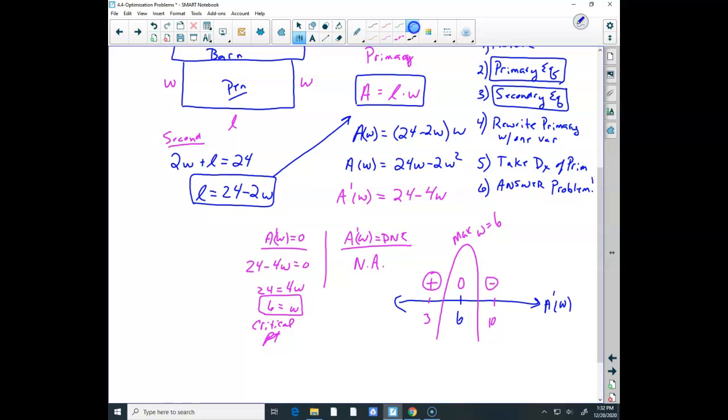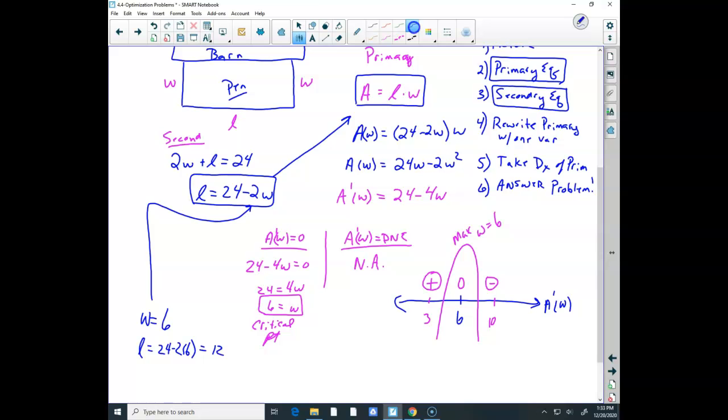Well, the problem wants to know what are the dimensions. Well, if I know the width equals 6, can't I take that width, plug it into my secondary equation over here and say, oh, okay, then the length is going to be 24 minus 2 times 6. So I know my length is actually going to equal 12, right?